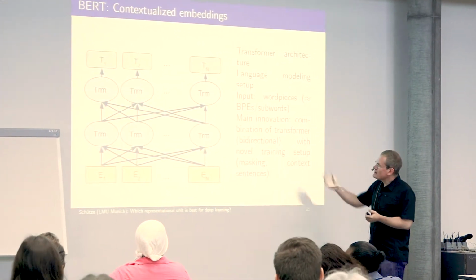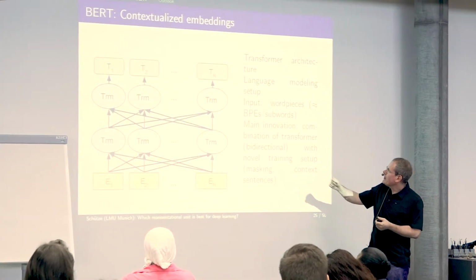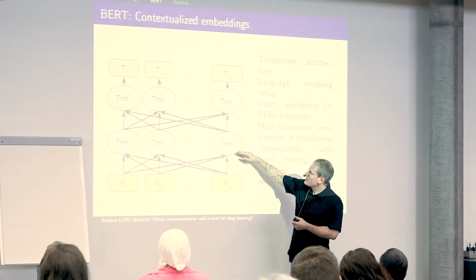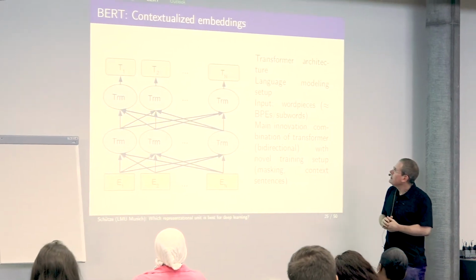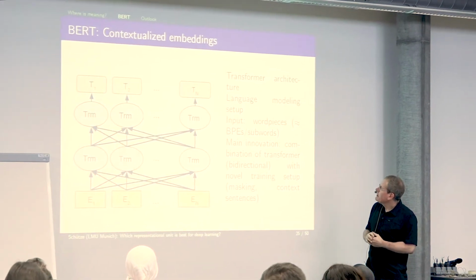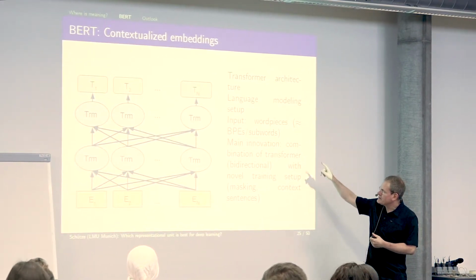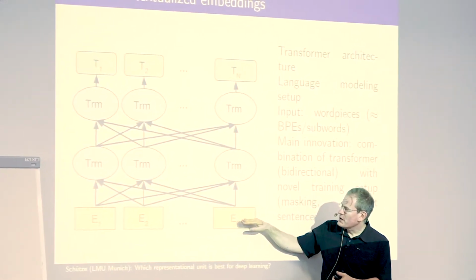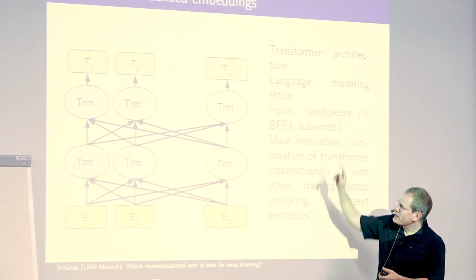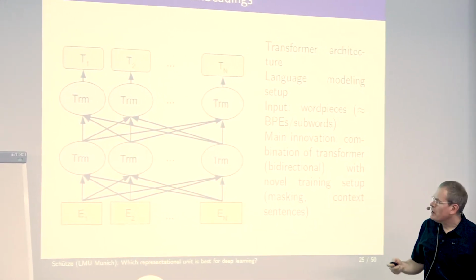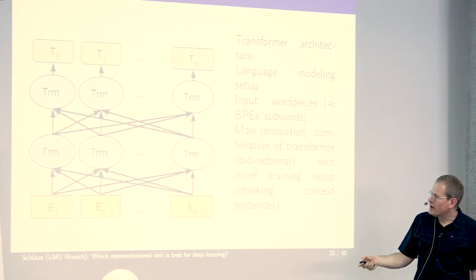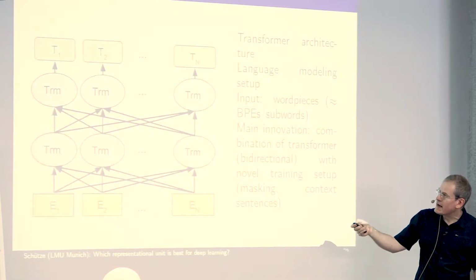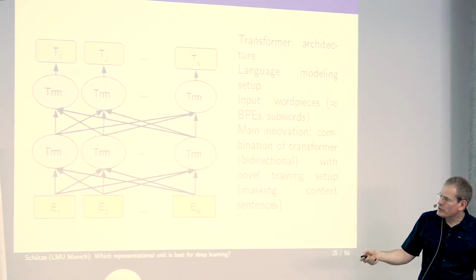So this is BERT, and it's a transformer architecture. Each layer here is a transformer layer, and I'm not going to explain that in detail. It's a language modeling setup, and it uses word pieces as input. So this here is the input layer, and these are word pieces, subwords. What we're trying to do is, let's say we want to predict a subword here.